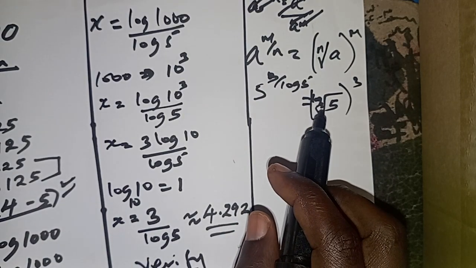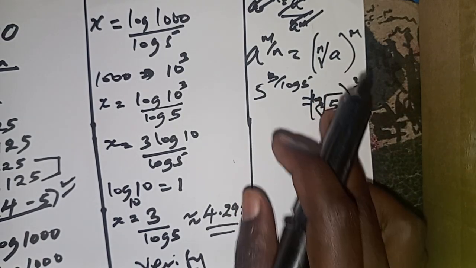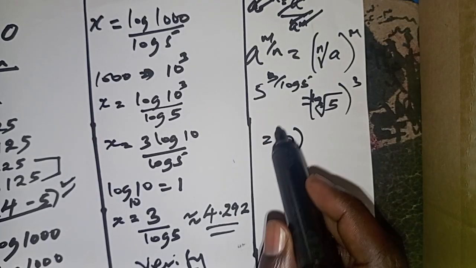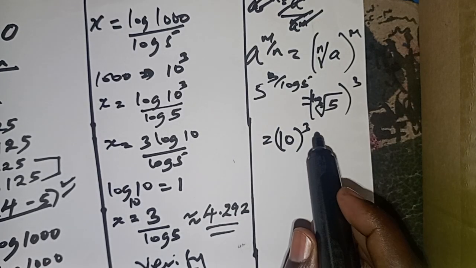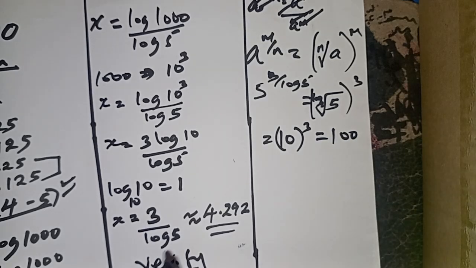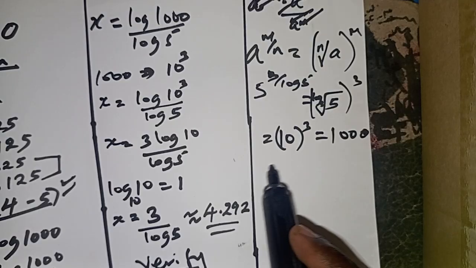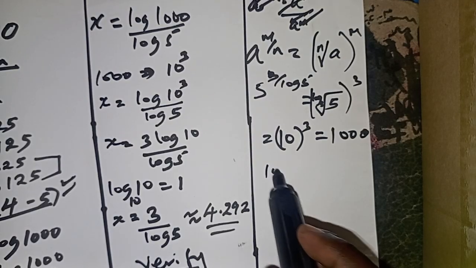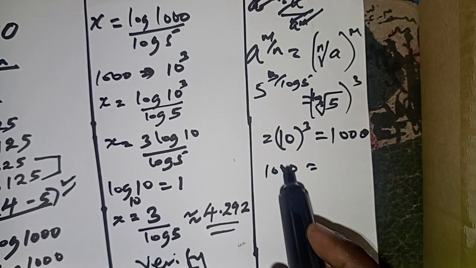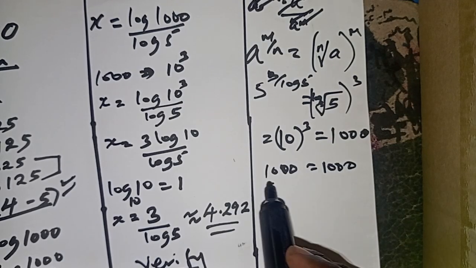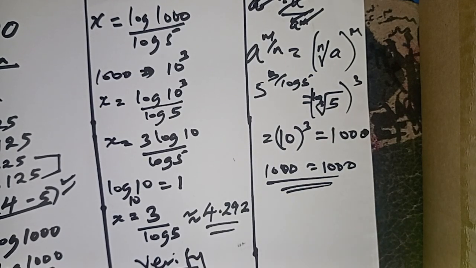Taking the log 5 root of 5, I'm pretty sure we're going to get 10, and cubing 10, we're going to end up having 1000. And as you can see, on my left hand side I got 1000, which is equal to my right hand side, which is also 1000. Hence we have verified our solution.